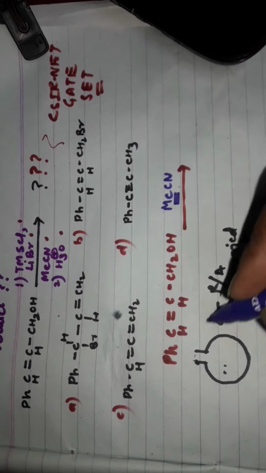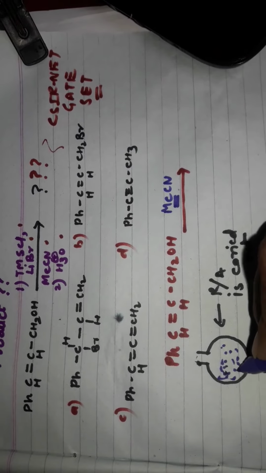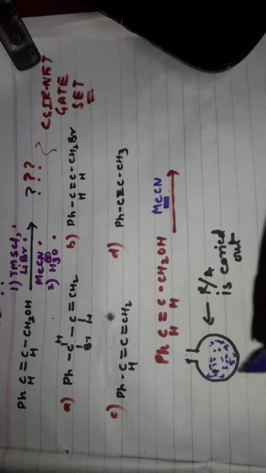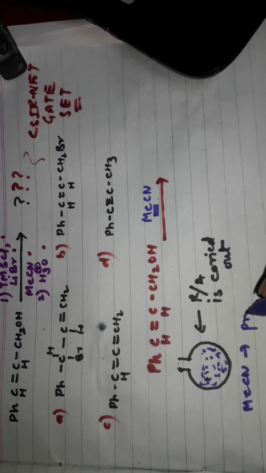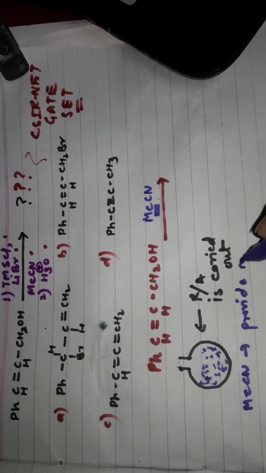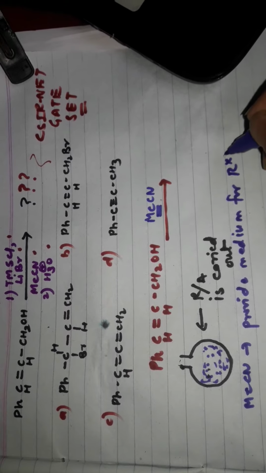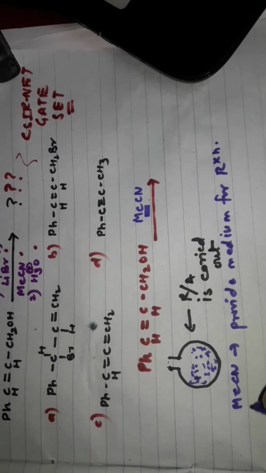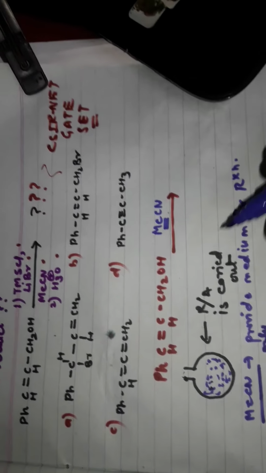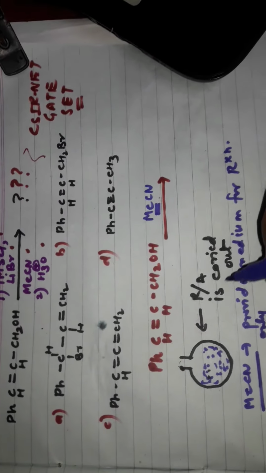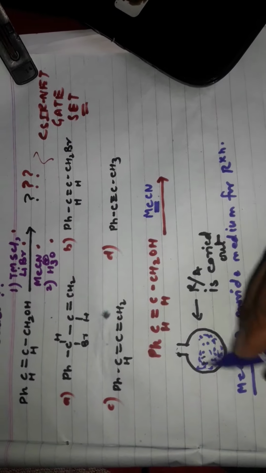It is the solvent, so the solvent will be in excess. The function of the solvent is only to provide a medium for the reaction. To some extent it can be coordinated with other reagents also, but the main purpose is only as a medium.